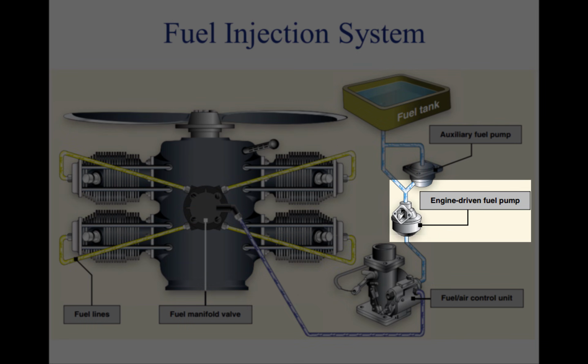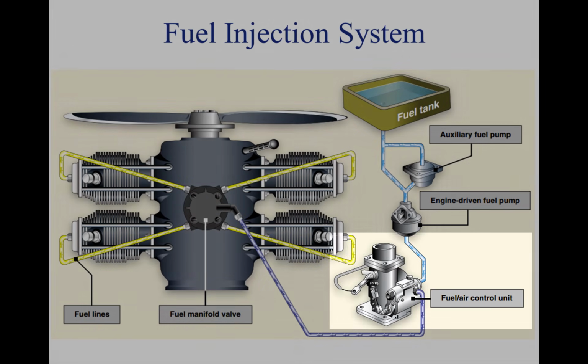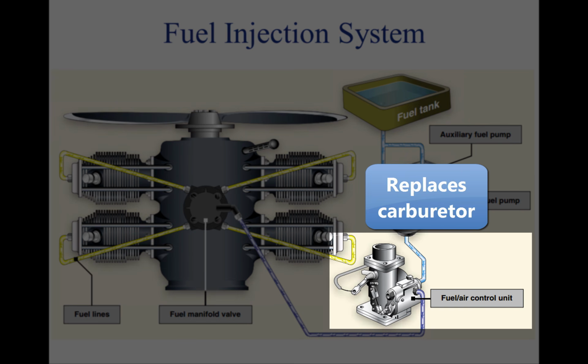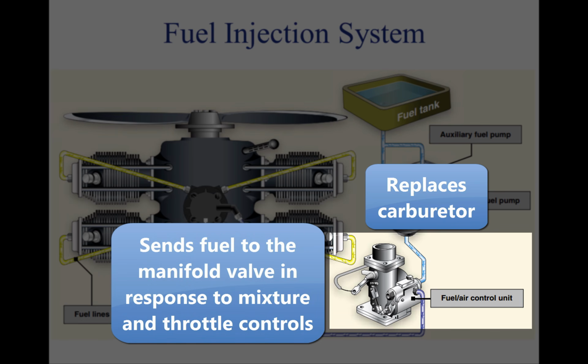After starting, the engine-driven fuel pump provides fuel under pressure from the fuel tank to the fuel air control unit. This control unit, which essentially replaces the carburetor, meters fuel based on the mixture control setting and sends it to the fuel manifold valve at a rate controlled by the throttle.